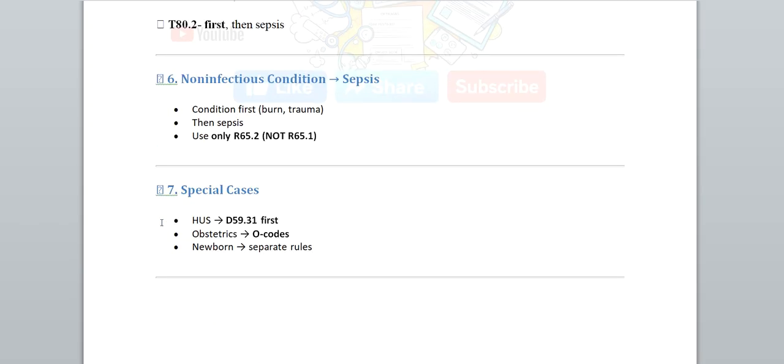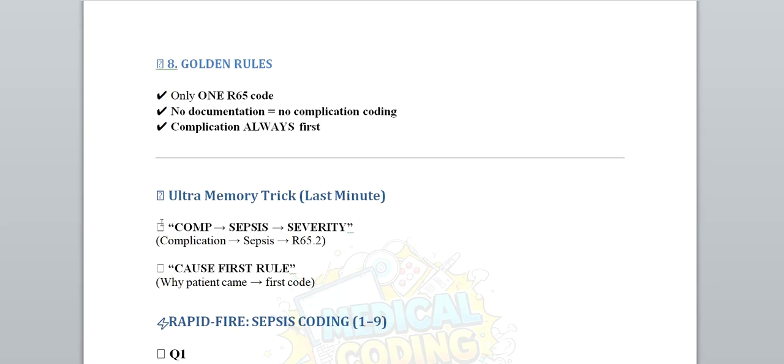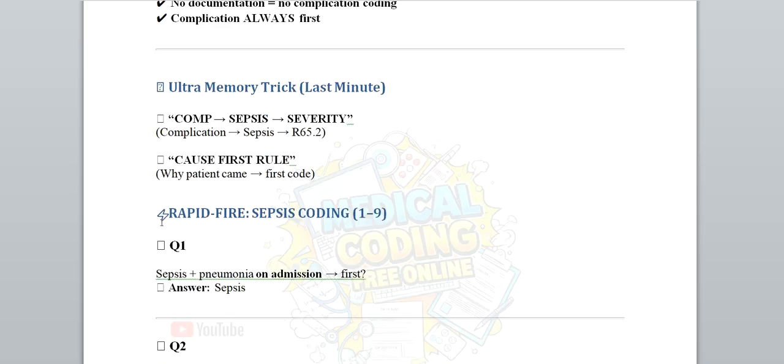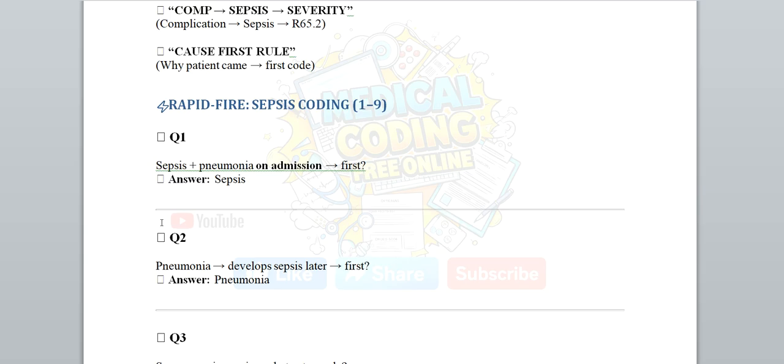Use only for special cases: HUS, obstetric, newborn. So the golden rule: only one R65 code; no documentation, no complication coding. Complication always first. So the ultra memory: complication, sepsis, severity; cause first is the rule for rapid sepsis coding.